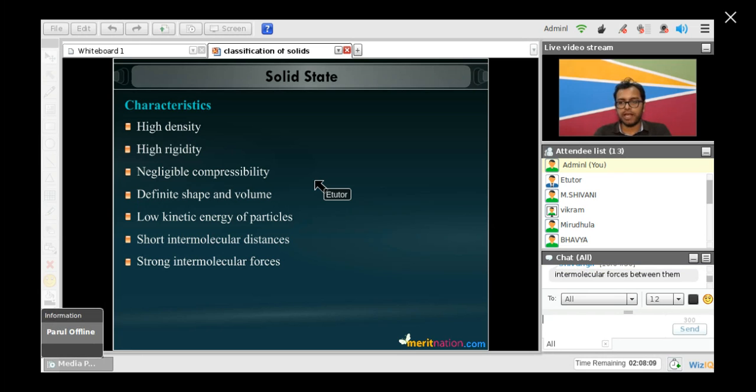Particles can only vibrate at their position in solid state, so that's why it has low kinetic energy of particles. Now, how can you compare the kinetic energy of particles in solid, liquid and gases? What is the difference in kinetic energy of particles in solid, liquid and gases? Can anyone tell me which of the states has the highest kinetic energy of particles?